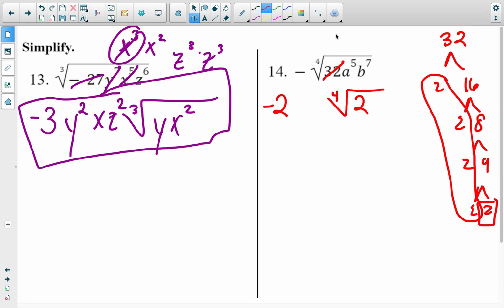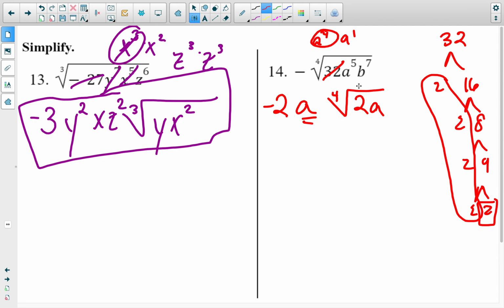A to the 5th, 5 minus 4 is 1. A to the 4th times a, so we're going to have a and a here, right? A to the 4th, a to the 1st. And then this 4th root of a to the 4th would just be a. That's how we got this. And then a to the 1st is stuck inside.